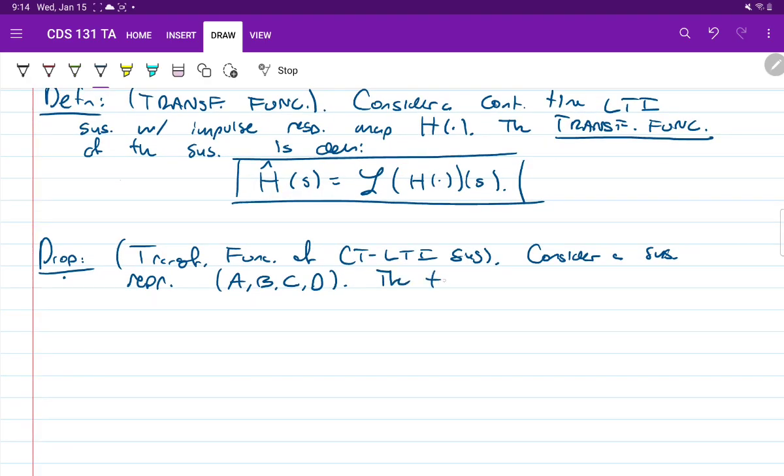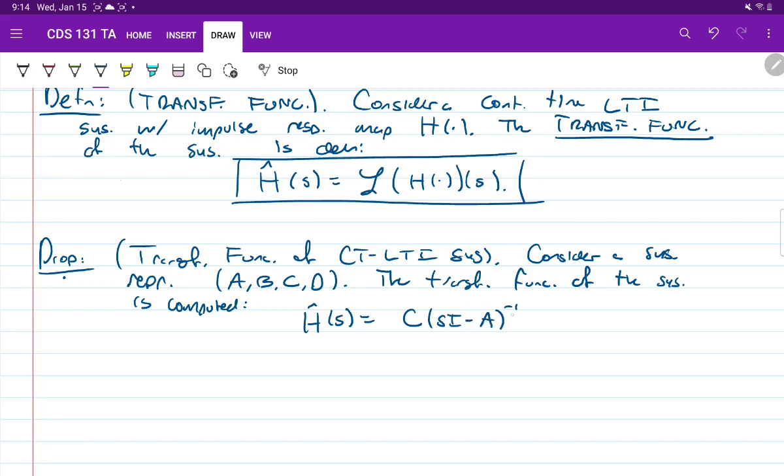So the transfer function of the system is computed as H hat of s is equal to C times sI minus A inverse B plus D, where this inverse, sI minus A inverse, is defined. Again, I'll talk about this a little bit more in the optional video on the Laplace transform.